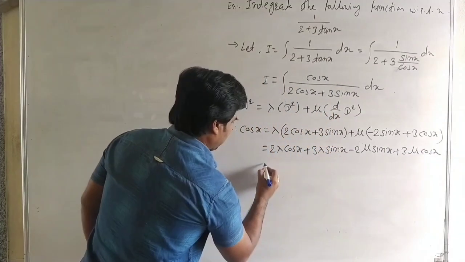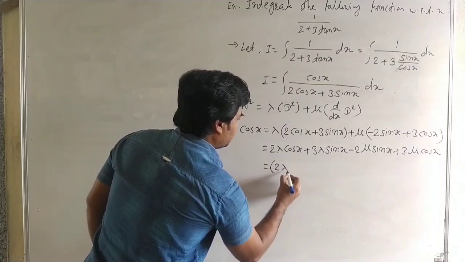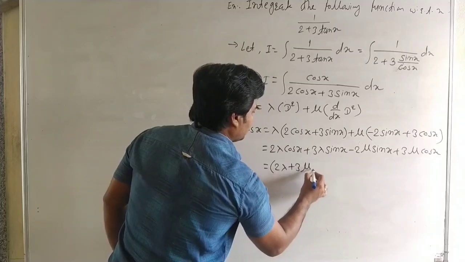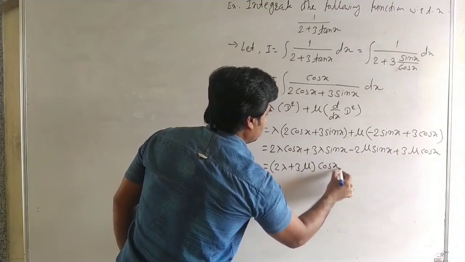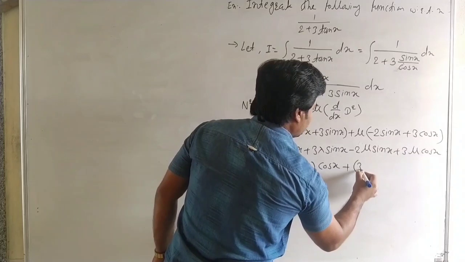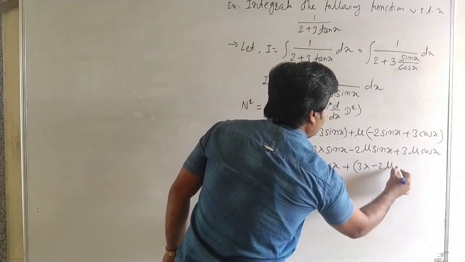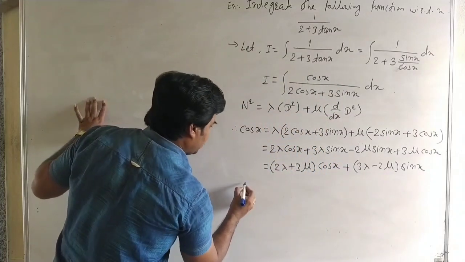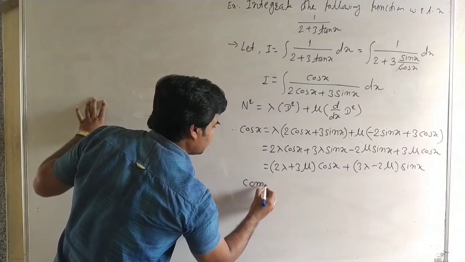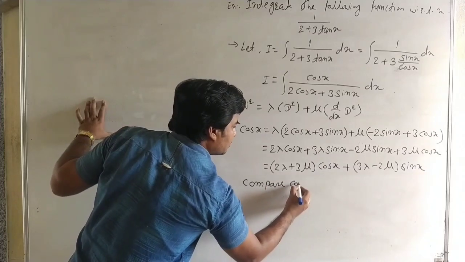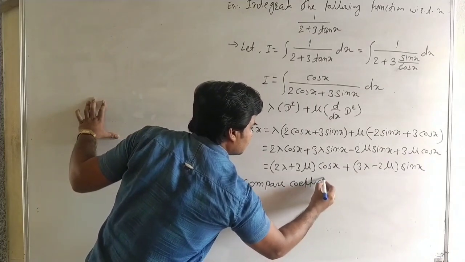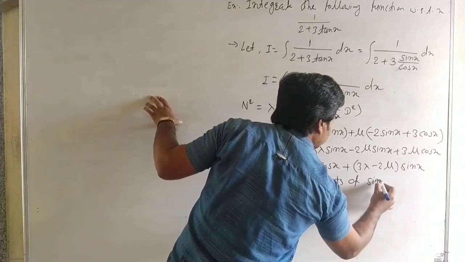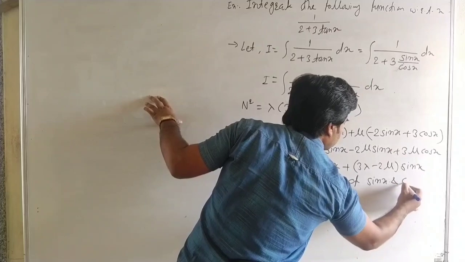Here then it is (2 lambda plus 3 mu) cos x plus (3 lambda minus 2 mu) sin x. Now here cos x is equal to this, compare coefficients of sin x and cos x.